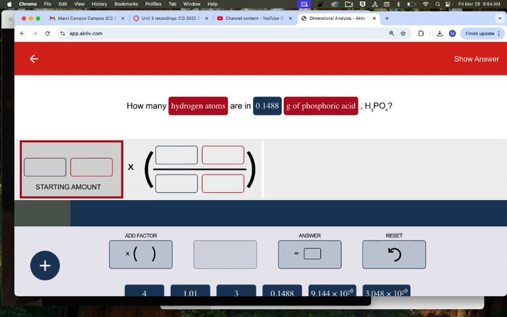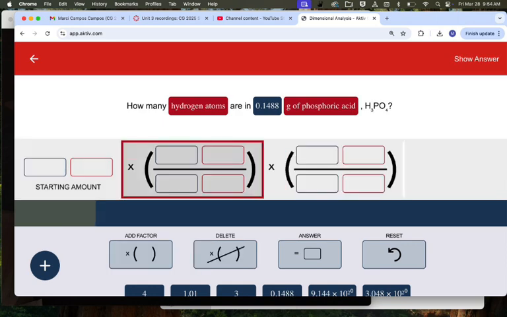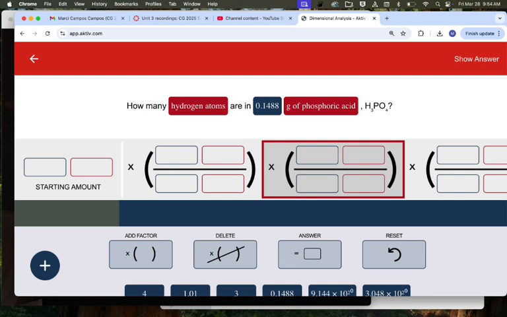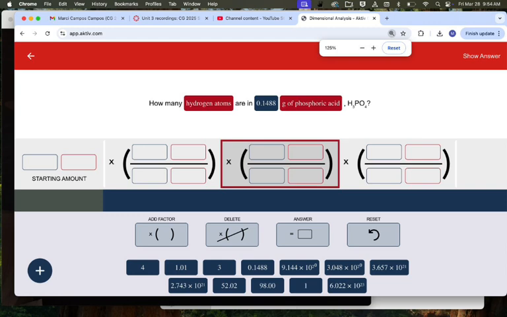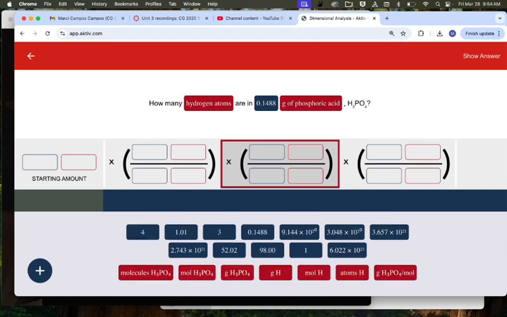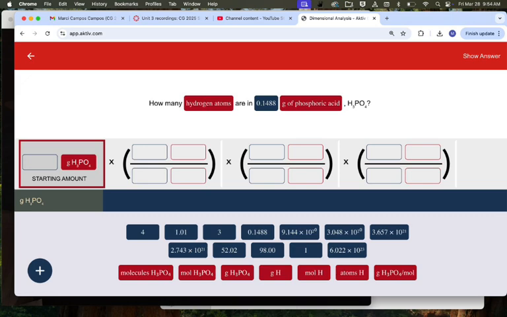Okay? In our conversion, we had the given information and we had 3 conversion factors, which means I need to add 3 conversion factors. If we zoom out, okay, apparently I can't zoom out very well, we could go through and start to drop in all of our conversions, our grams of phosphoric acid. I honestly don't remember all the conversion factors that we dropped in there.